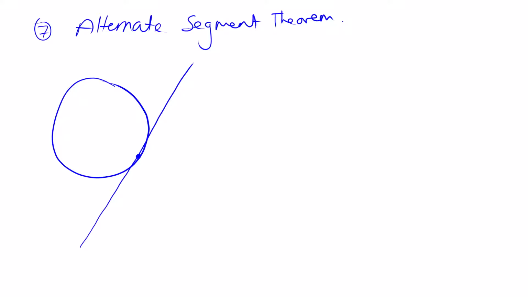It's not the best drawing, and then within this we have a triangle. All of the vertices of the triangle are on the circumference of the circle. This one is at the point where the tangent meets the circle also.